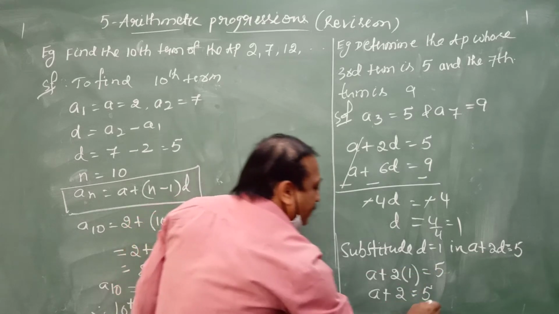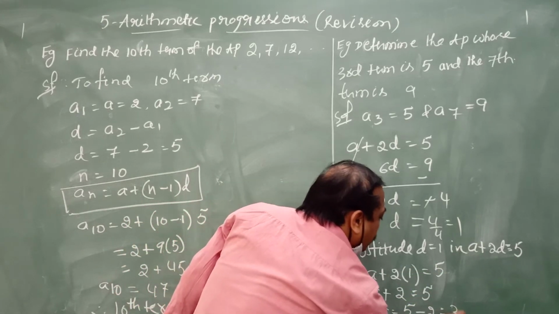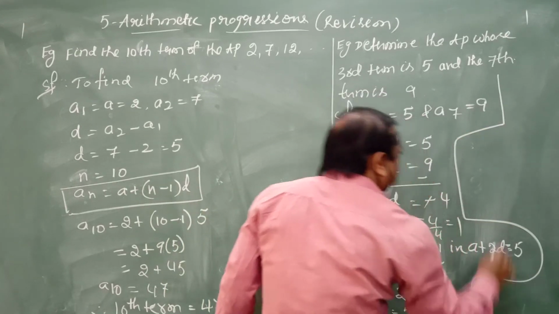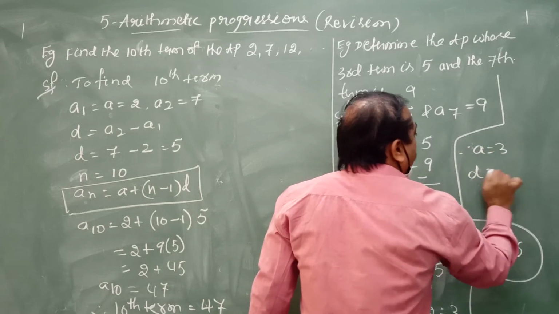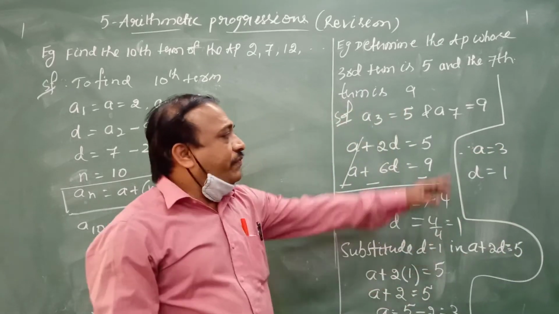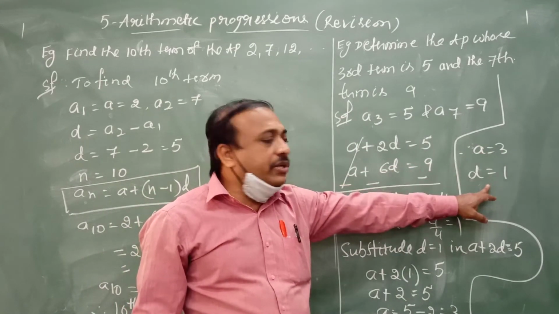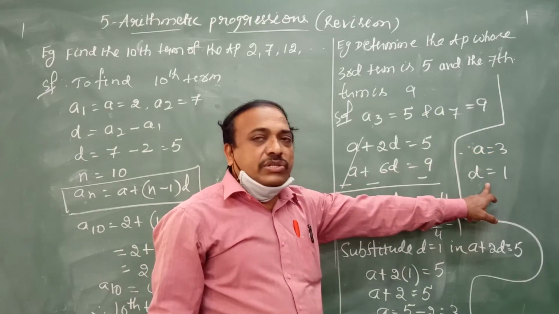Transpose to that side. Then a is equals to 5 minus 2 is equals to 3. Therefore, a is equals to 3 and d is equals to 1. We know the first term and we know the common difference.